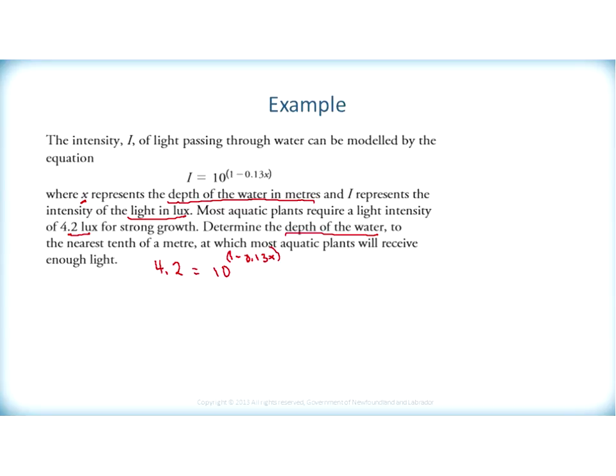Once again, we're solving for the exponent, so we'll take the log of both sides of the equation, the common log, both sides. And we have now, using our power law, this can come down in front of the log. So that gives us log of 4.2, which will equal 1 subtract 0.13x times log 10.